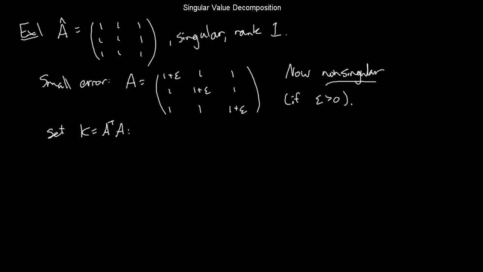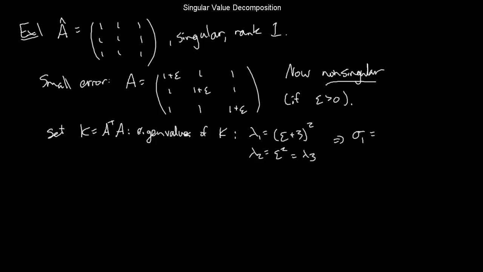But you can see that this is very close to singular when epsilon is small by looking at the Gram matrix, A transpose A. The eigenvalues of this are epsilon plus 3 squared and 2 copies of just epsilon squared. Lambda 2 and lambda 3 are epsilon squared, which means that the singular values for A are epsilon plus 3 and epsilon.